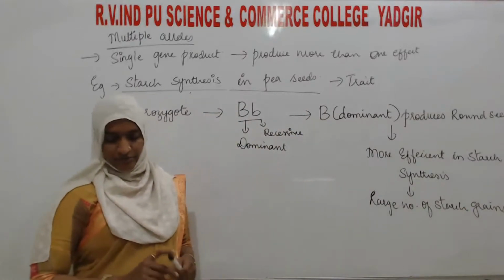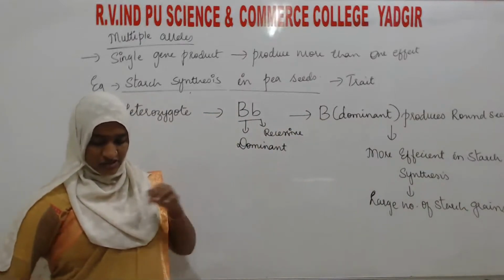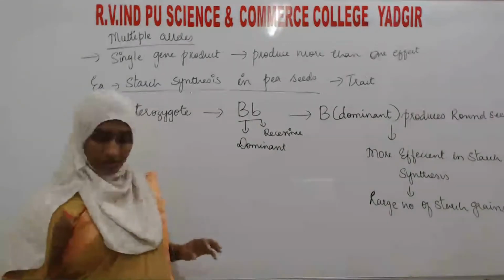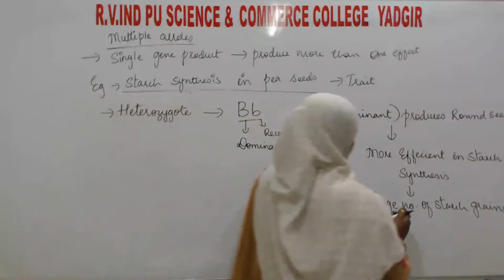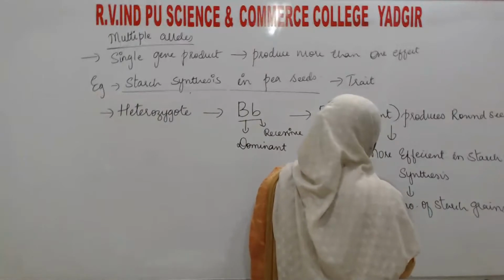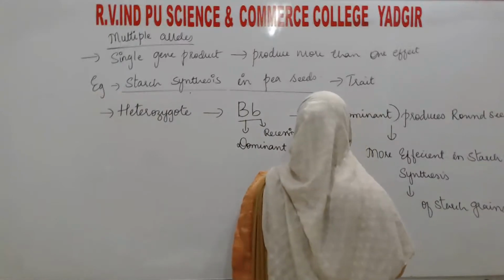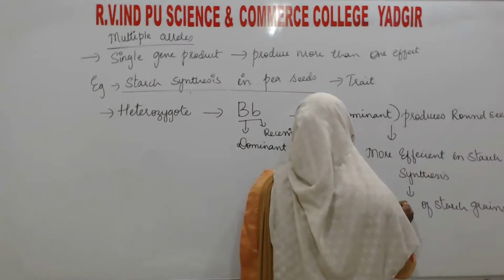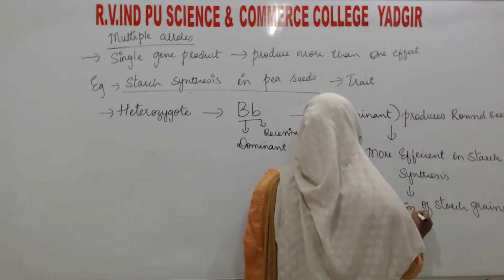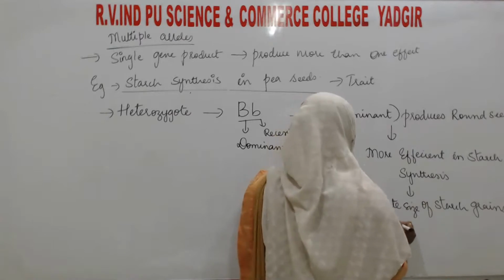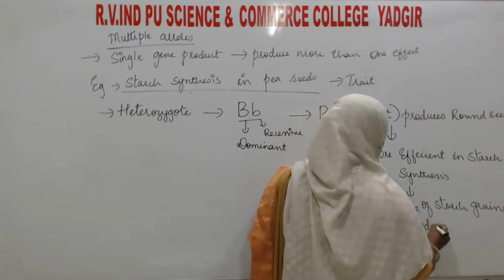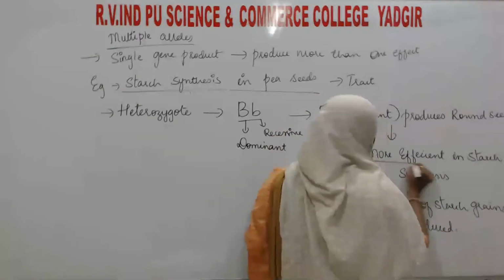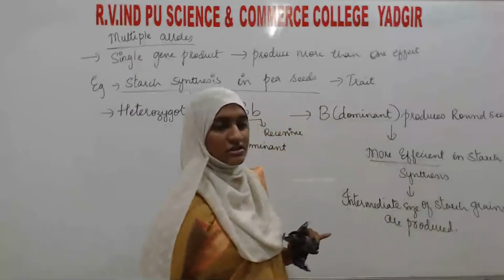So starch grains are produced here of intermediate size. Intermediate size of starch grains are produced, but it is more efficient in starch synthesis.